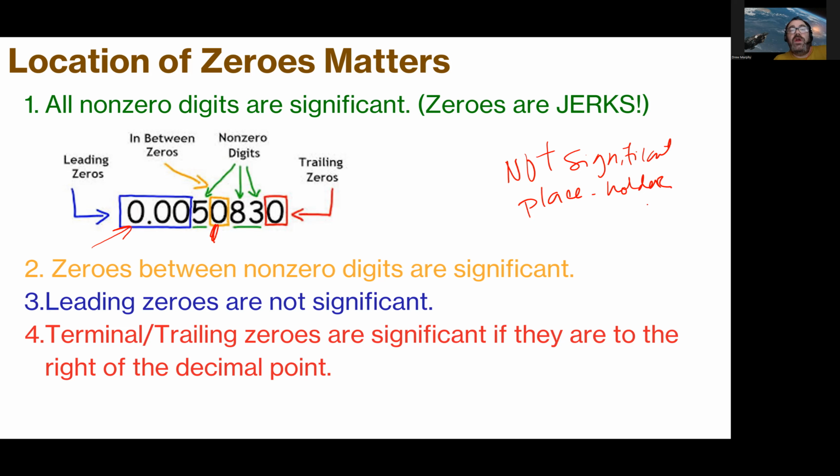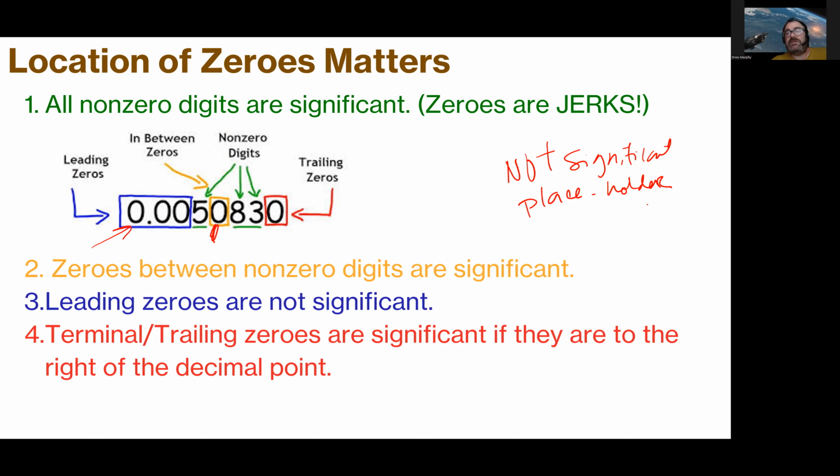Those zeros are telling us about the magnitude of the measurement, how small it is, because it's 10 to the minus 3, but they're not a part of the measurement itself, if that makes any sense whatsoever. Maybe, maybe not. We can talk about it.